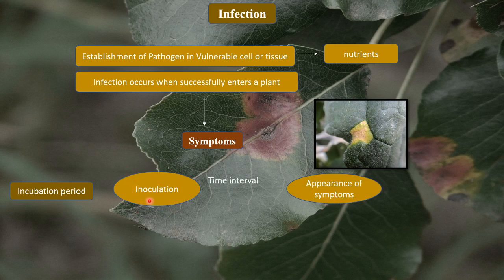So what is inoculation? Inoculation is the first stage where the pathogen arrives on the host plant, and appearance of symptoms takes place when the plant is infected. The time interval between these two stages is called the incubation period, right? And the second term that you need to understand is latent infection.